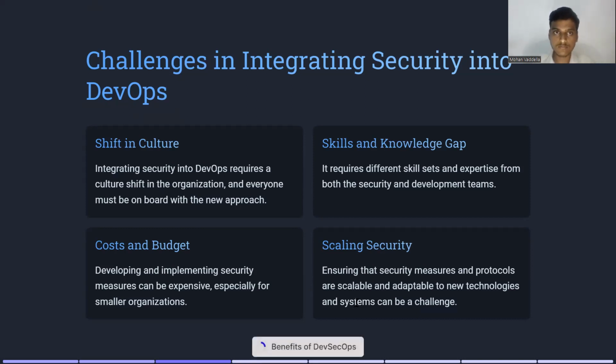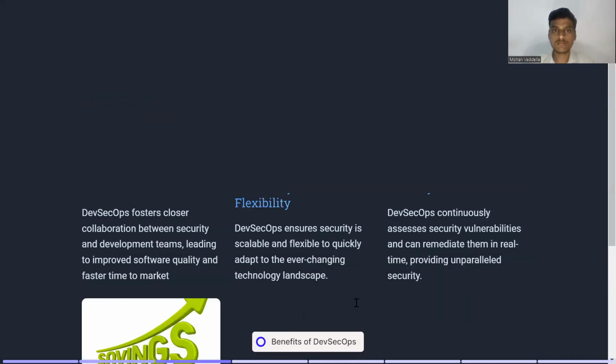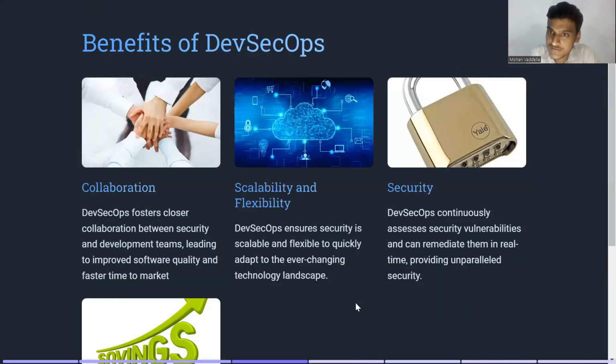Coming to the next topic, what are the benefits? Obviously, with security professionals working collaboratively with DevOps professionals, less time is required for the application to be developed and deployed so that it is accessible to the end users.